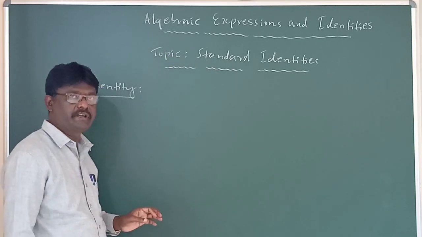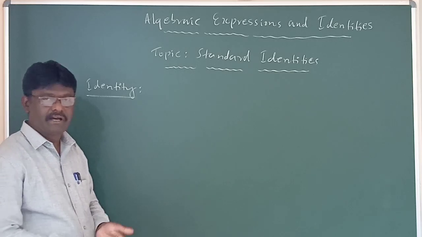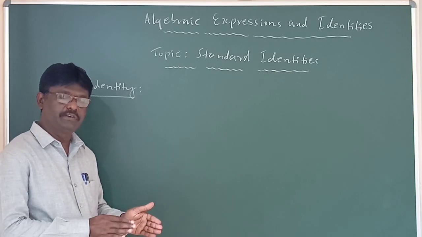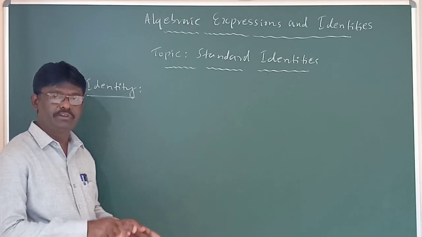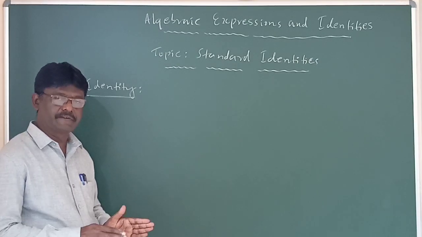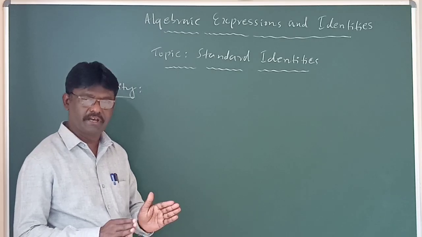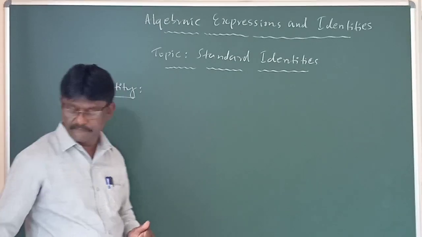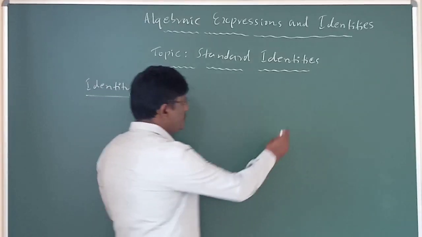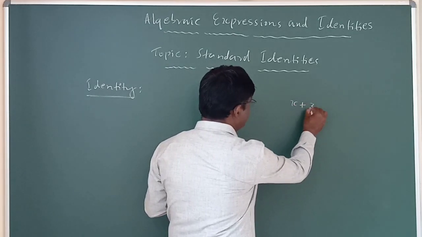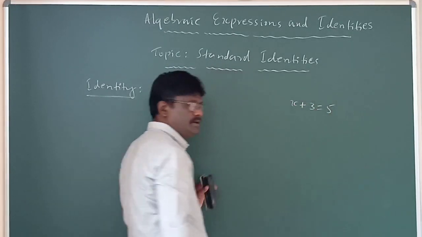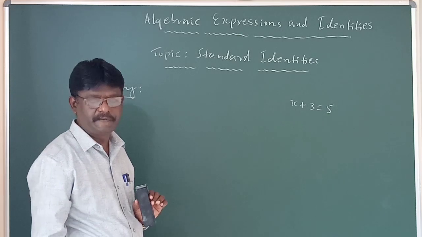Okay, first we shall try to define identity. Identity is also equality. Equation is also equality. But there is a difference. An equation holds only with respect to one particular value. For example, x plus 3 equal to 5 is an equality.